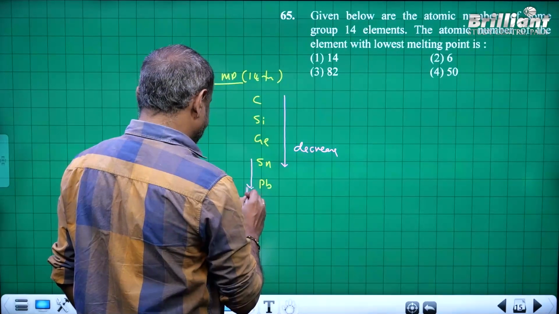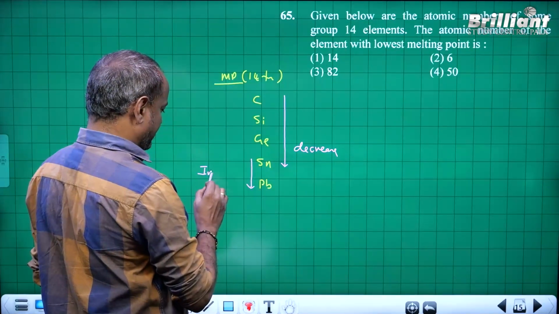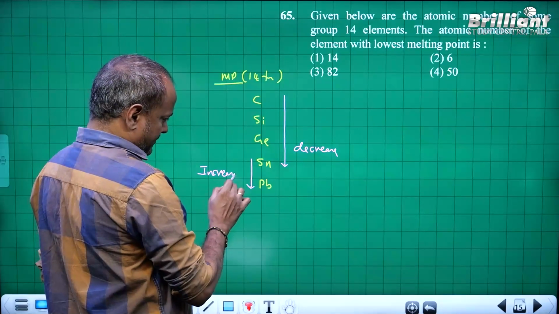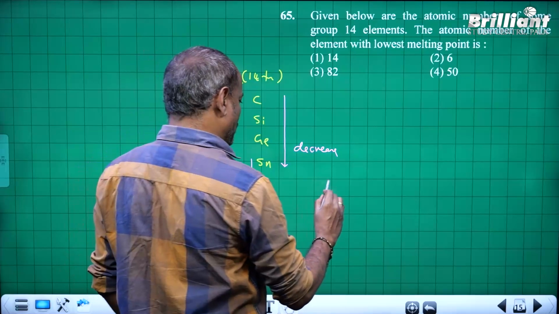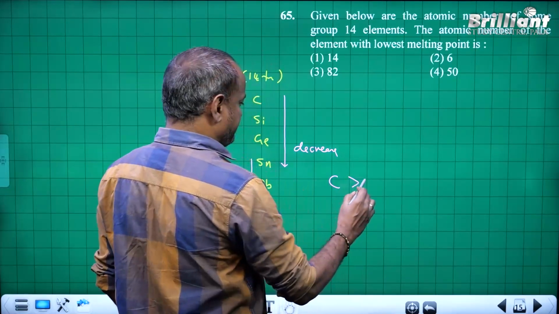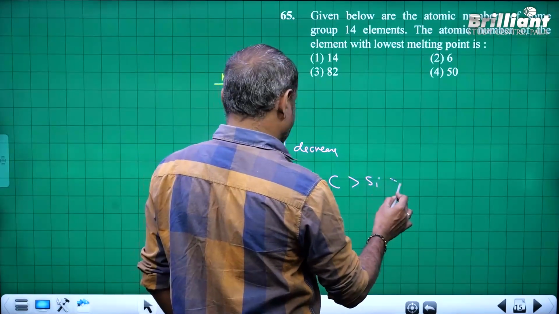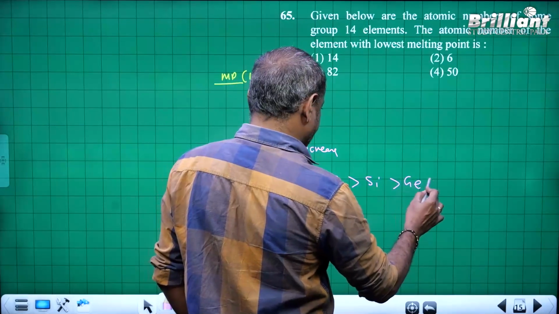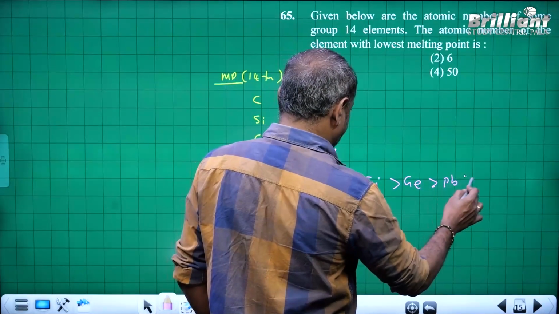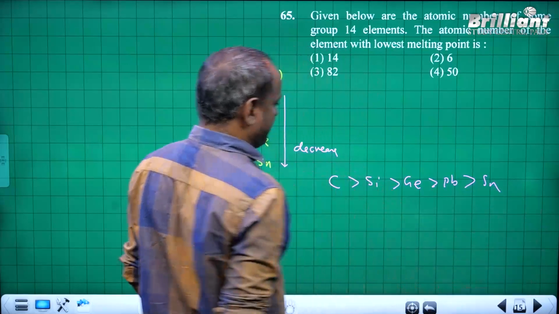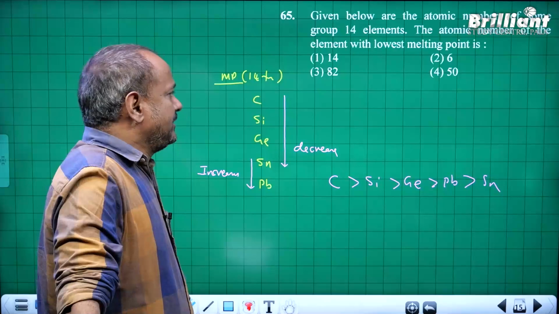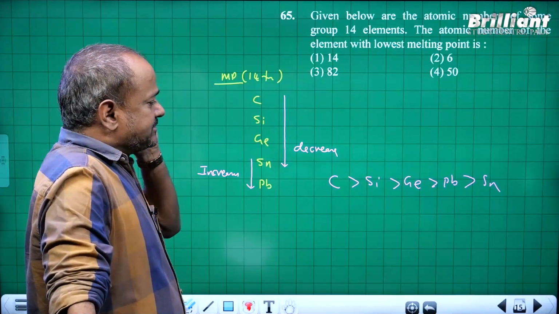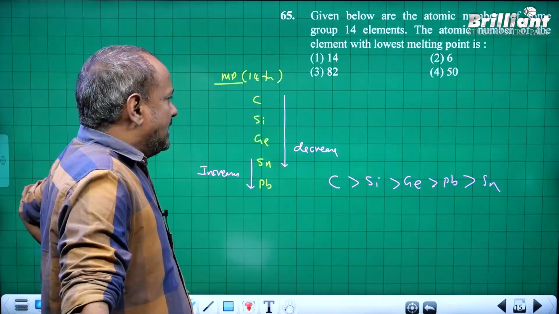Tin to lead increases, but lead is slightly more than tin only. Therefore, order equal to carbon more than silicon more than germanium more than lead more than tin. Carbon, silicon, germanium, lead, tin. Lowest melting point means tin lowest, not lead.